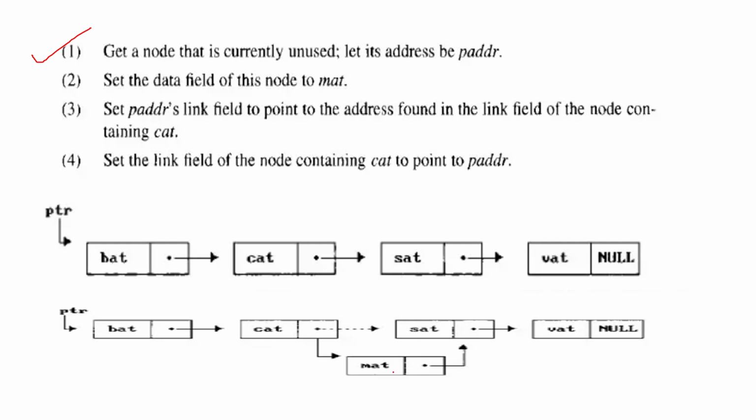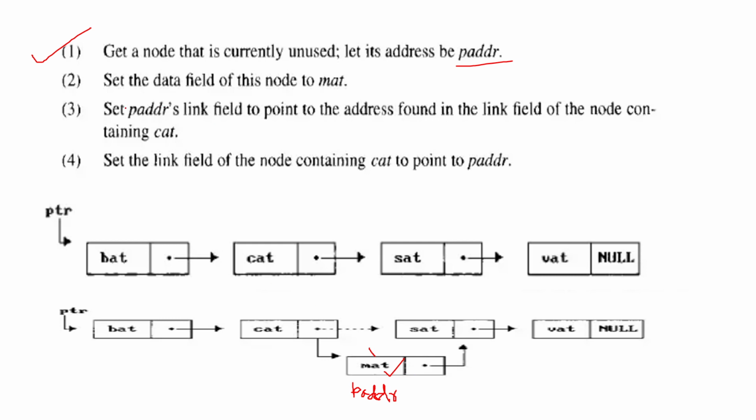Let its address be PADD. PADD is the address of the newly created node, the newly added node. The next step is to set the data. To this information field, I have to set the data, say mat. Right now this is null, or it can be garbage.